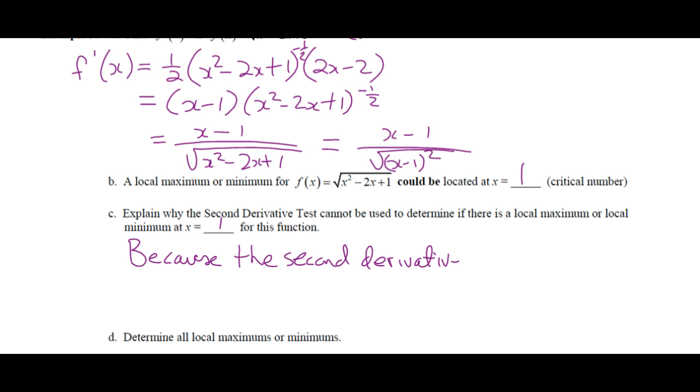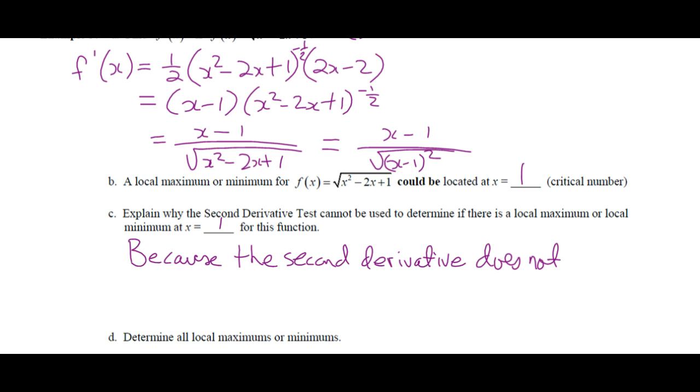If the first derivative doesn't exist, it tells you there's a denominator which can be set to 0. For the second derivative, you're just going to end up squaring that denominator, which could still be 0. It's not going to change its stripes. Because the second derivative does not exist.